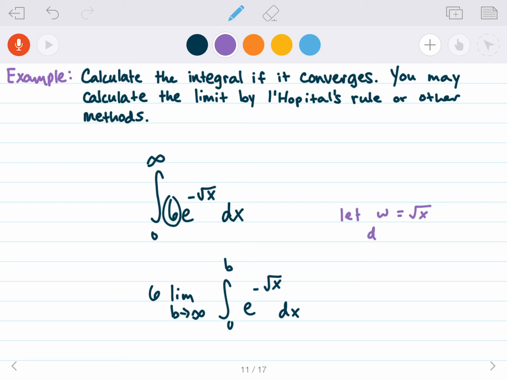Therefore dw, taking the derivative with the power rule, is 1/2 x to the negative 1/2 dx. Solving for dx, if I divide both sides by a half, I get 2 dw divided by x to the negative 1/2.